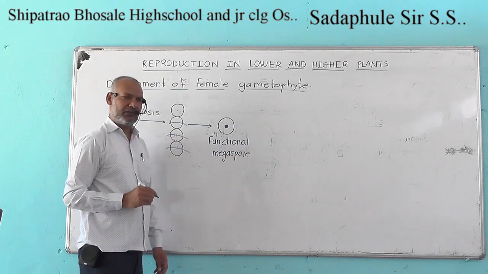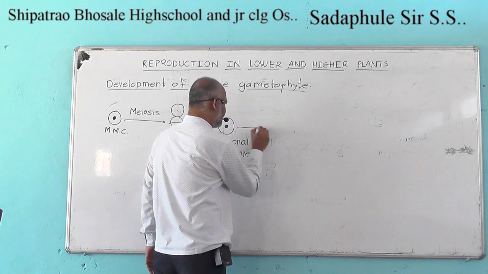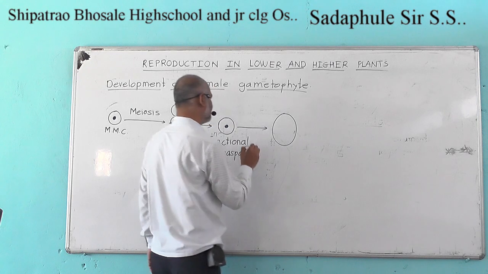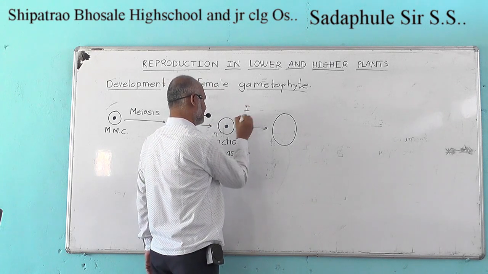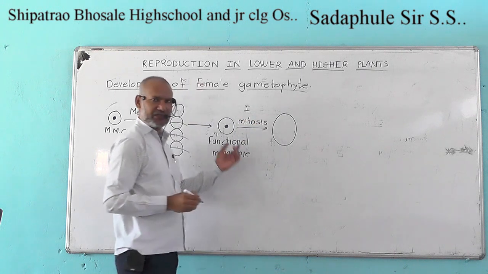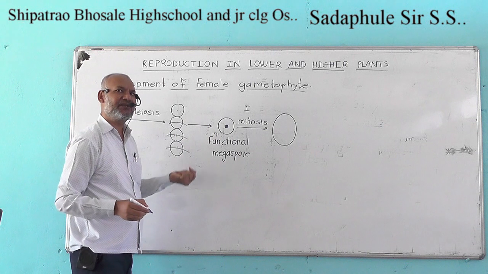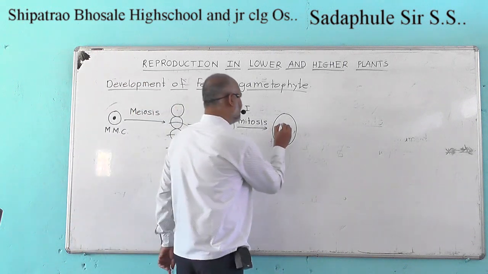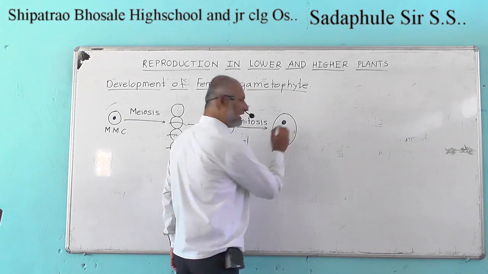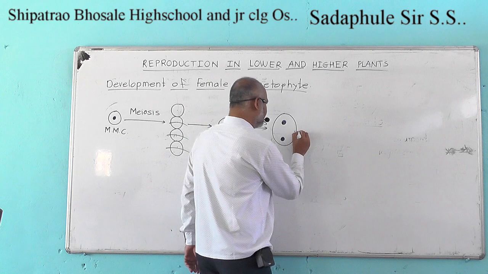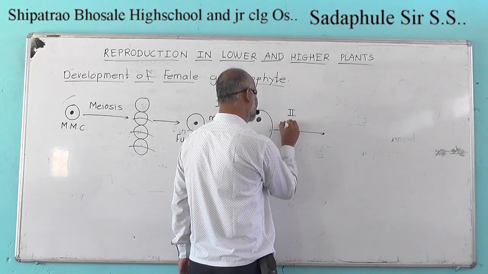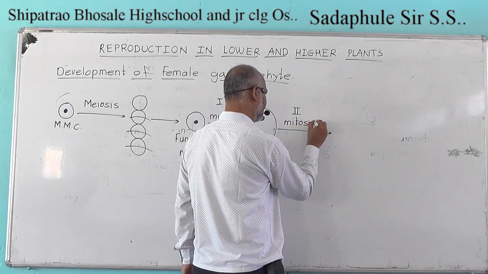Now what happens? The nucleus of the functional megaspore divides by mitosis. That is the first mitosis. The nucleus divides by free nuclear mitotic division to form 2 nuclei. There is 1 nucleus at each pole. Again, these 2 nuclei divide by mitosis. It is the second mitosis.